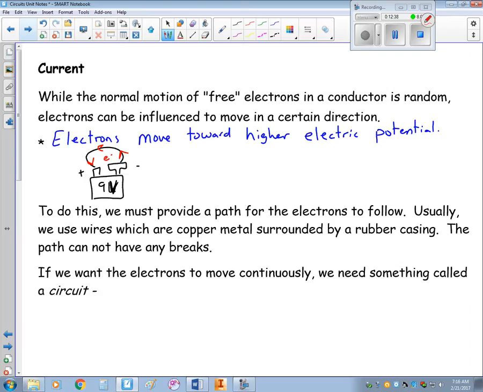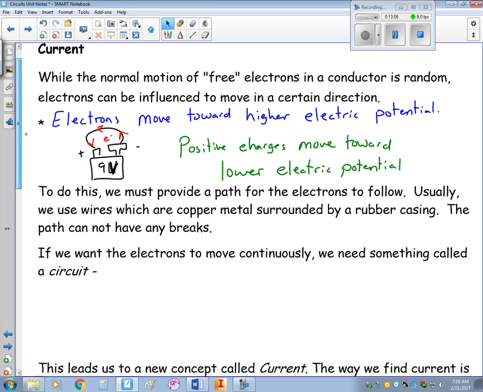Positive charges, if they were to exist, move toward lower electric potential.